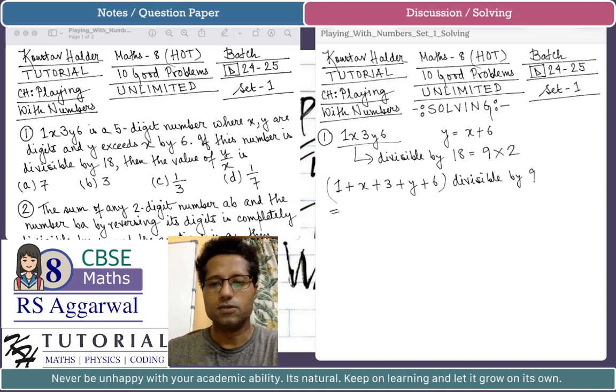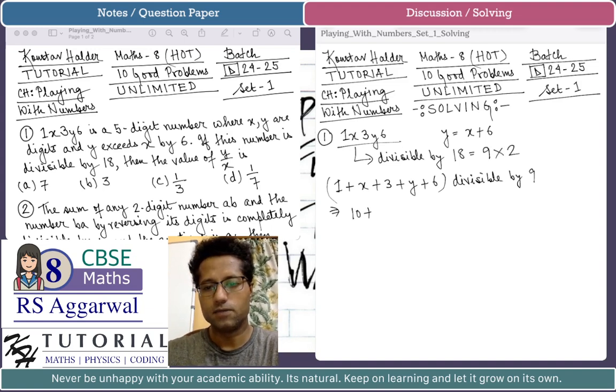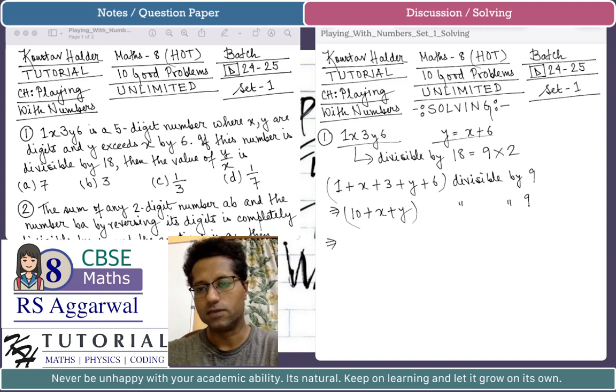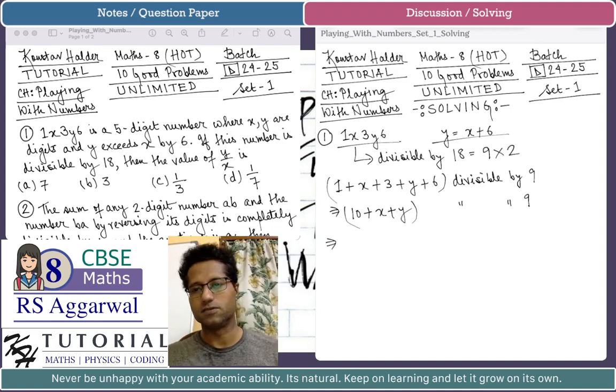This implies we have 10 plus x plus y, and this number will be divisible by 9. Now, it is given that y exceeds x by 6, so y must be equal to x plus 6.